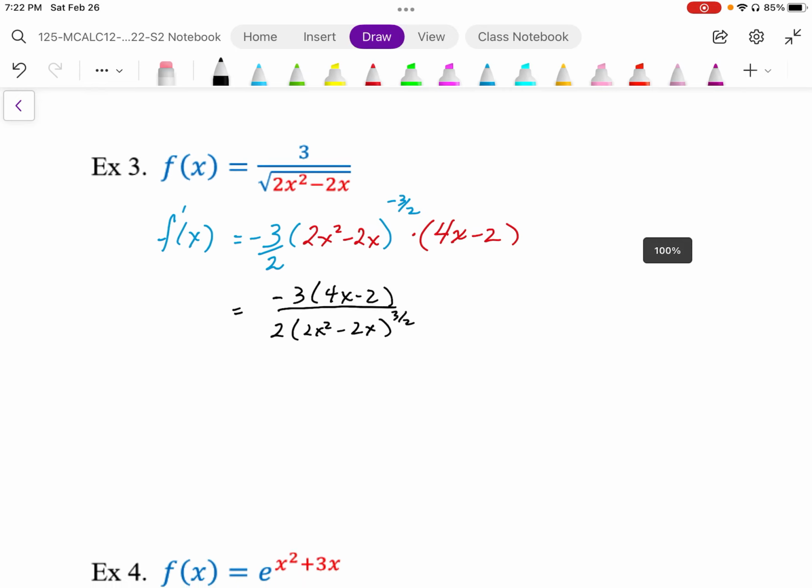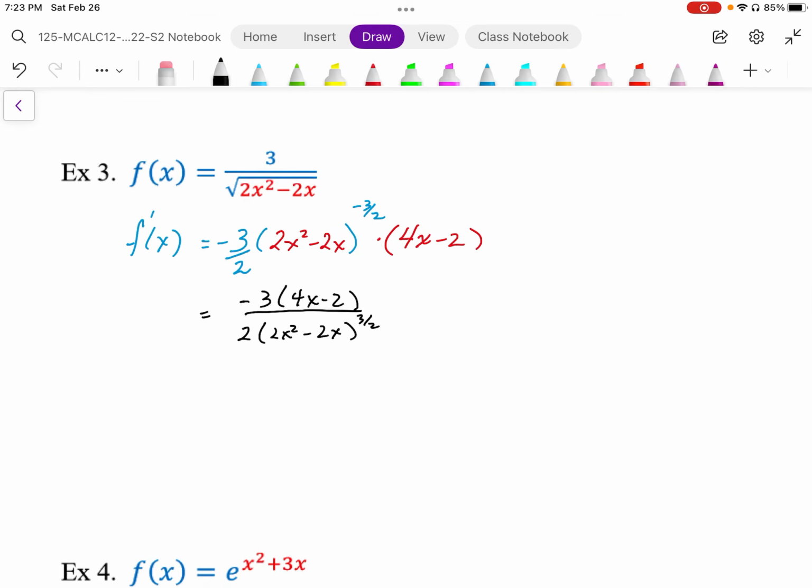Okay, and again, if I want to apply my notation to this, I can say that f of u is equal to 3 over root u, and so the blue part represents the derivative of that, and then the u part is going to be the inside function 2x squared minus 2x, and that chain part represents the adding of the derivative of that inside function.